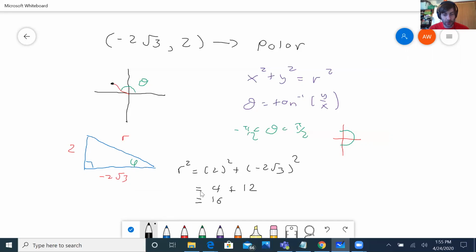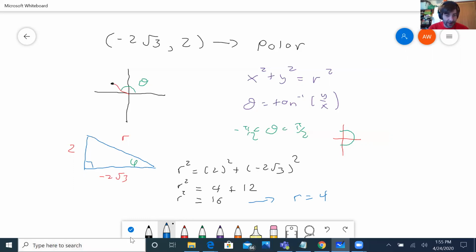But remember, that's r squared was 16. So my r is actually going to be 4. Now, technically it could be plus or minus 4. But you can see by the way I'm defining this, I'm going to be using the positive r. I could have gone this way and gone backwards, but I just feel like this is probably the more straightforward one.